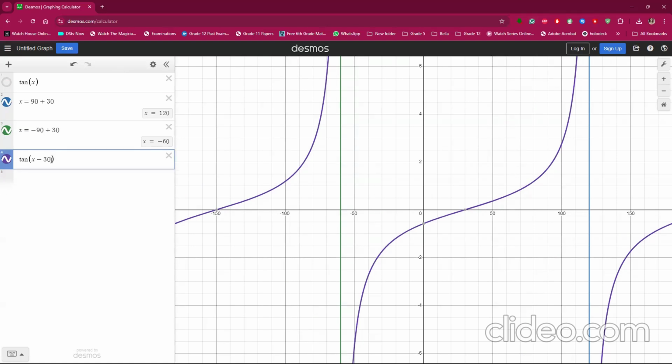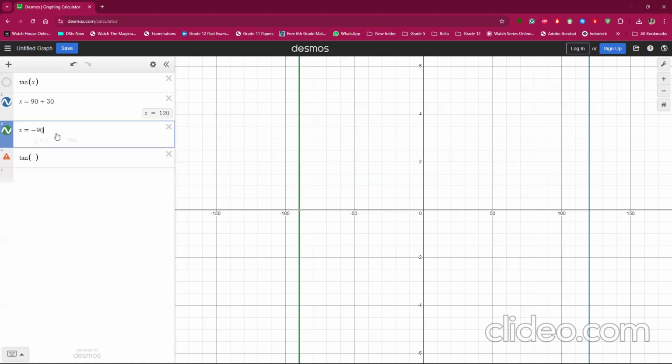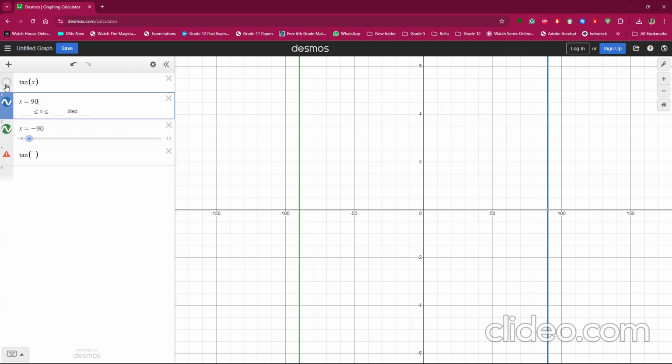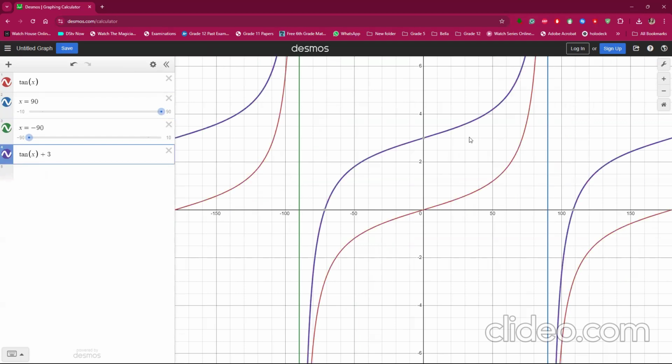And then we can move the graph up and down. So let's go back to our original. Okay, so this is our original. Let's put in our x there, and then we can move the graph up. So all of our y values will increase.